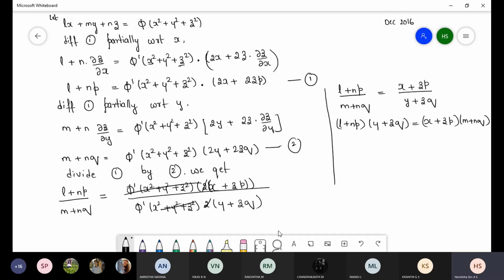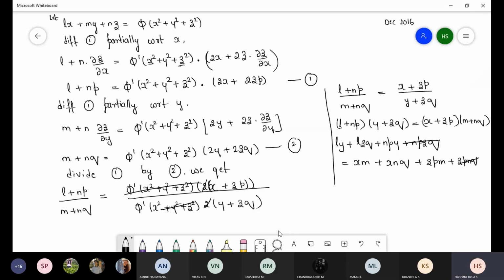So here, again multiply: ly + lzq + npy + npzq = xm + xnq + zpm + zpnq. So zpnq will get cancelled. Remaining will be, we have to write in the form.